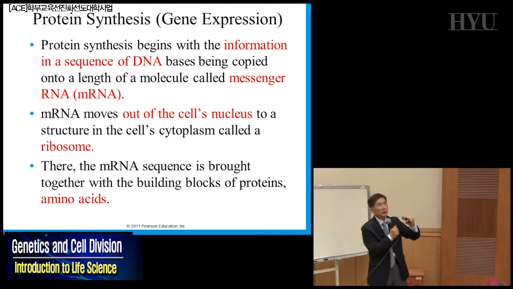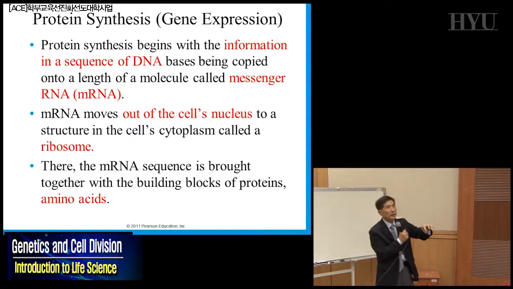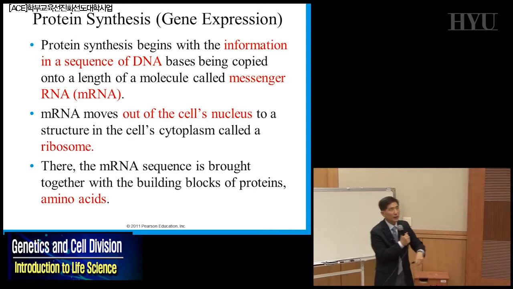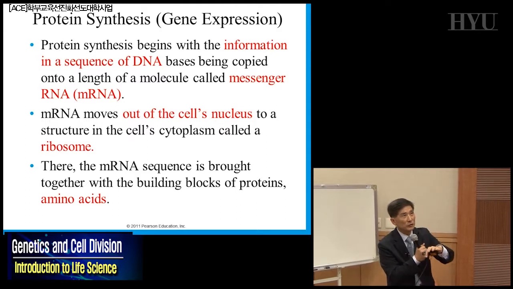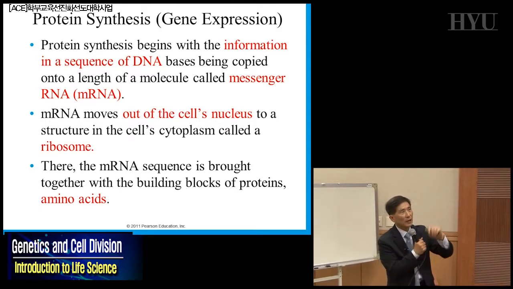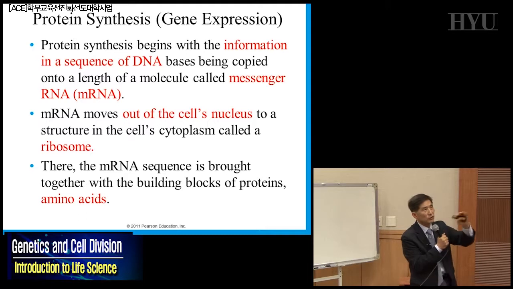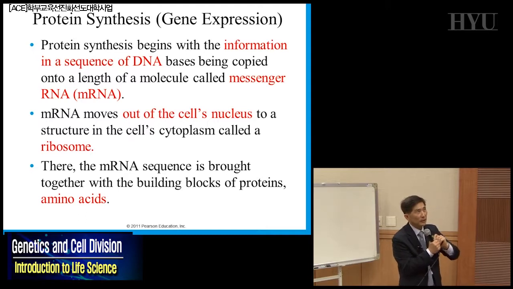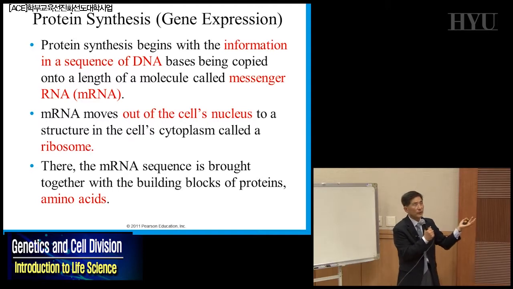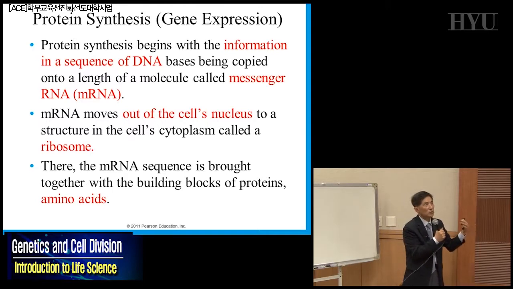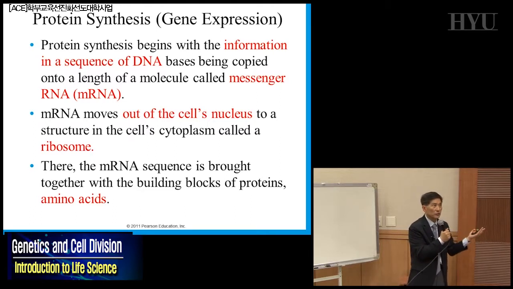They can choose among 20 different amino acids, and that will make a specific protein. So DNA and RNA use very, very similar language, right? GATC, RNA language is GAUC. But protein uses a totally different language, amino acids. So what do you have to do? Ribosome has to translate it from one language to another language. That we call translation.